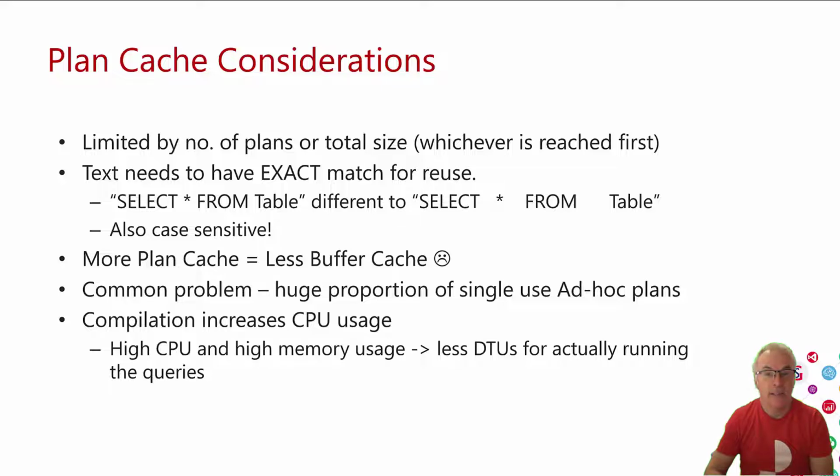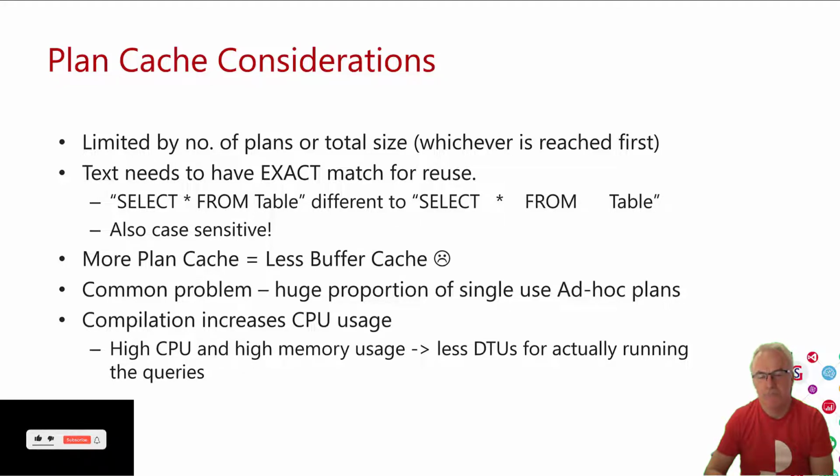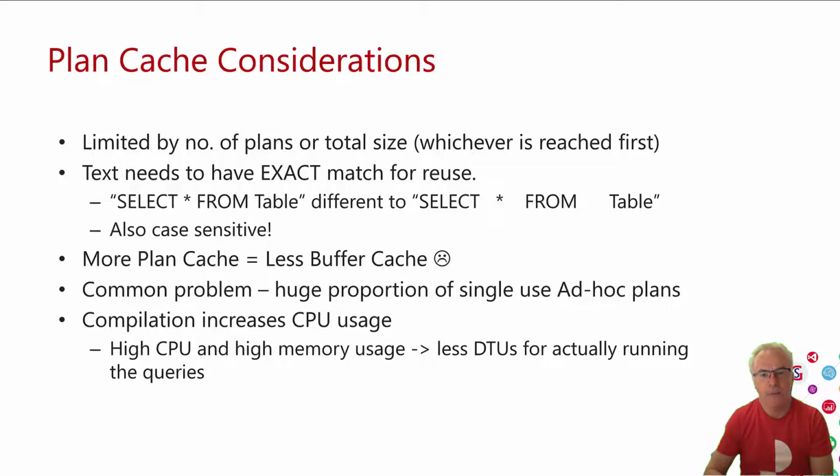Having spaces in your query, or a new line, splitting your query over multiple lines, can actually change that and mean that it won't match the query hash that's existing in the cache. So be aware of that as well. Be careful how that is generated. As I mentioned, a higher amount of plan cache can result in lower buffer cache, meaning perhaps greater IOPS in your database when it has to get more data from disk rather than being able to serve it from memory.